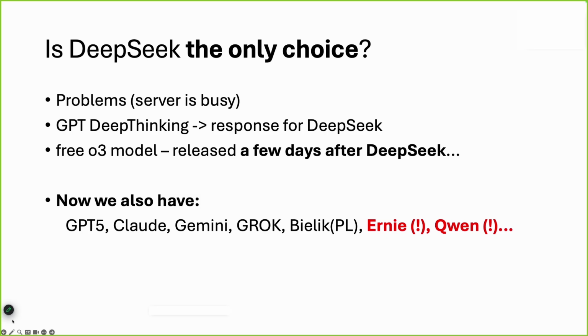Because when DeepSeek introduced deep thinking, ChatGPT introduced deep thinking 5 days after. They already had it. They didn't show it to people. Deep thinking in OpenAI became so visible because DeepSeek introduced that. I'm just asking myself what they already have in the company and they don't show, but okay.